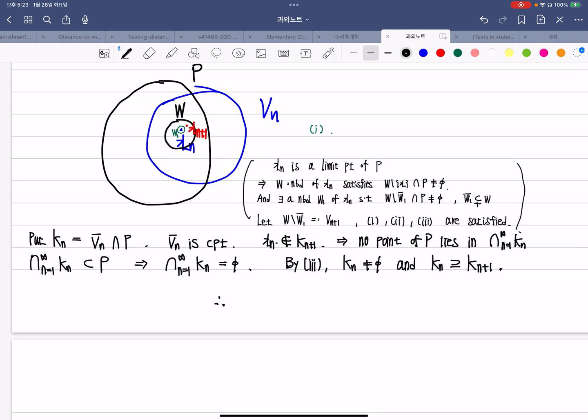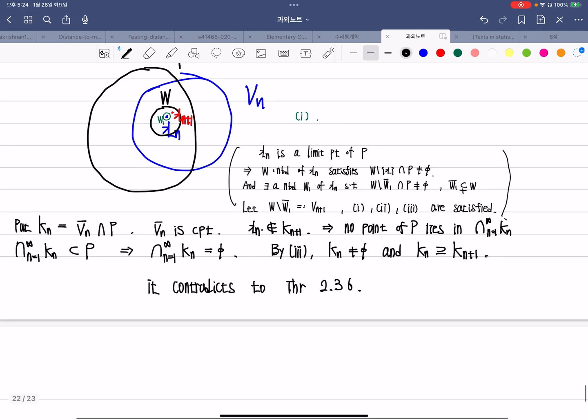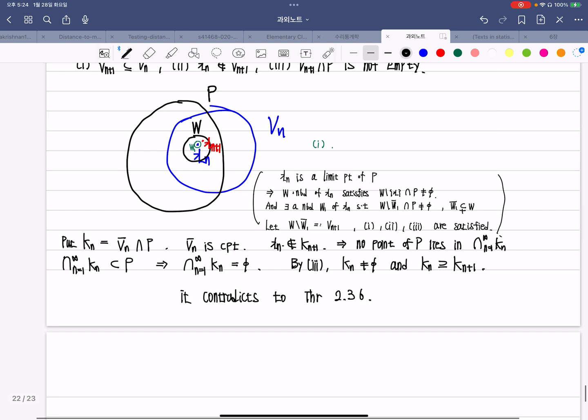So by the theorem, it contradicts Theorem 2.36, which we already learned.